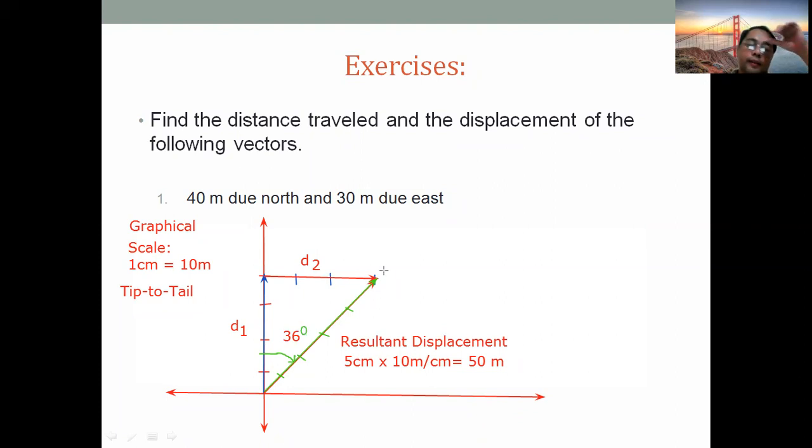Okay, so the displacement eventually, dr, which we can call our resultant displacement, is 50 meters and it's going at a direction of 36 degrees east of north.